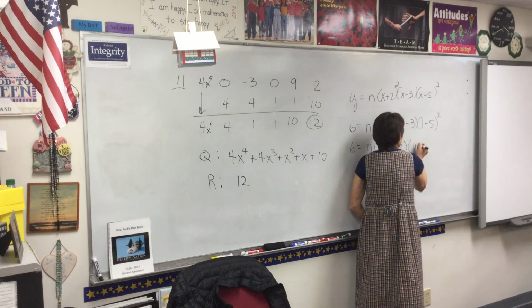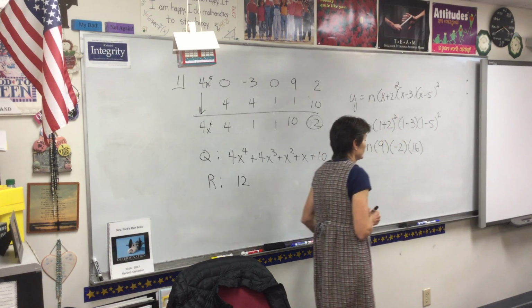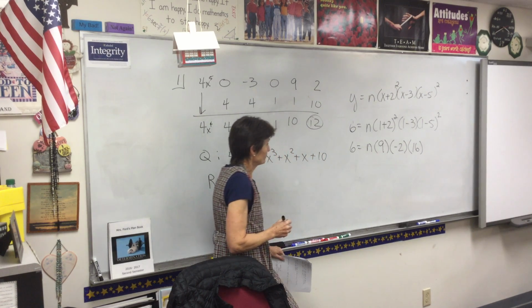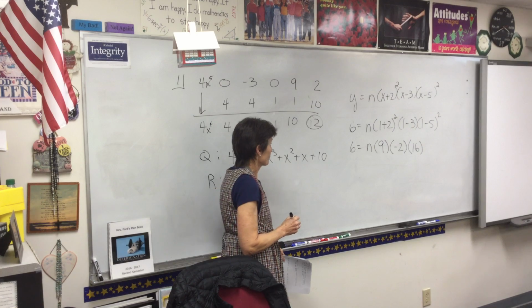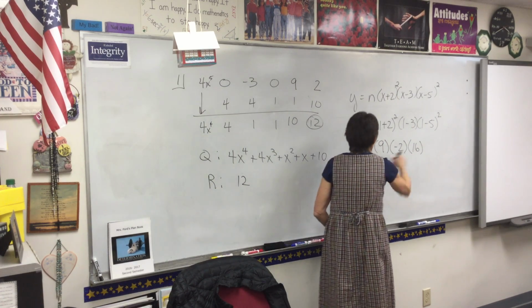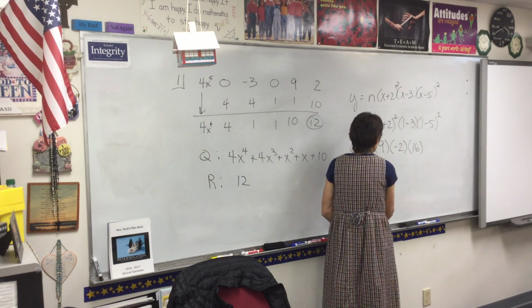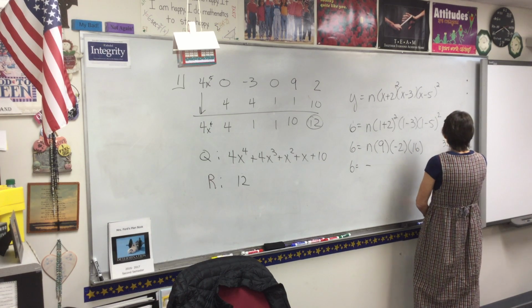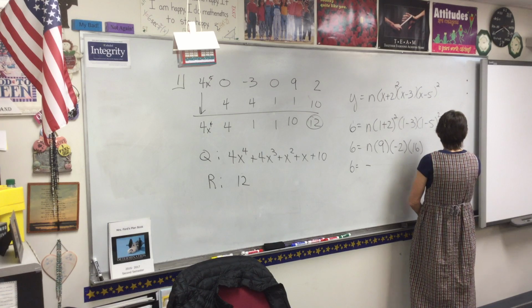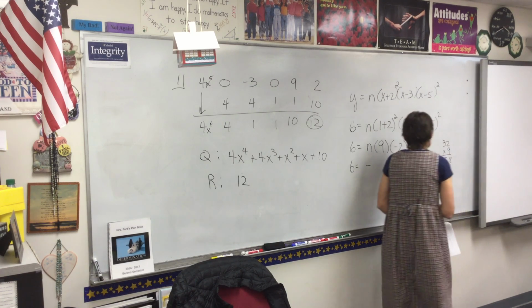Squared is 16. So all that's multiplied, so that's going to be a negative something. Let's see. 32 times 9. I got 288.